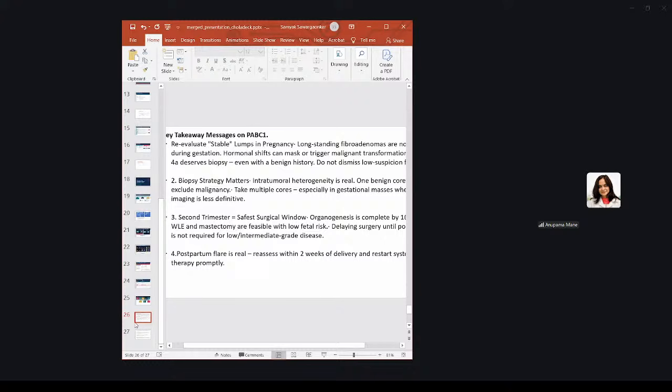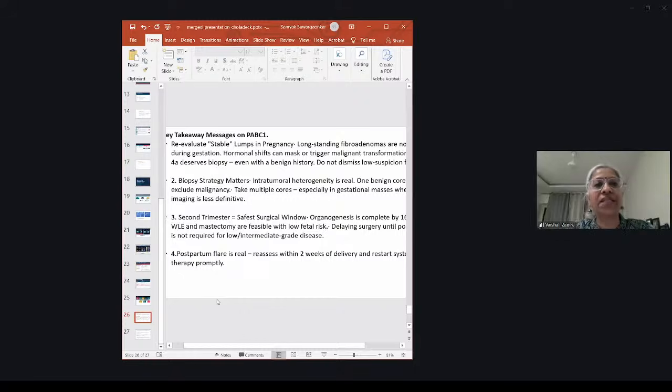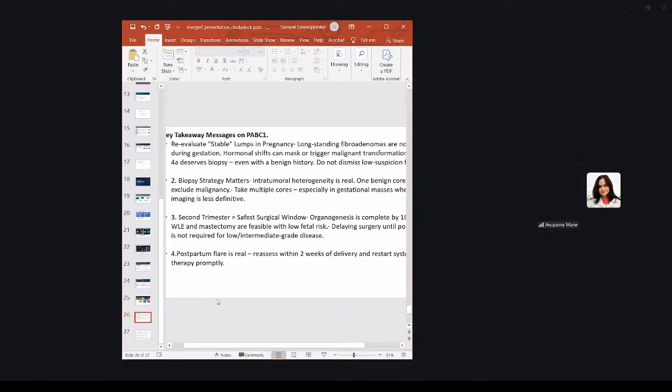We still have a lot of doctors who tell patients it is a milk lump. Patients still come to us saying they got checked but were told it was a milk lump during pregnancy. That is a very common scenario. So we really have to keep our antennae up and be extremely sure that we have ruled out malignancy during pregnancy.